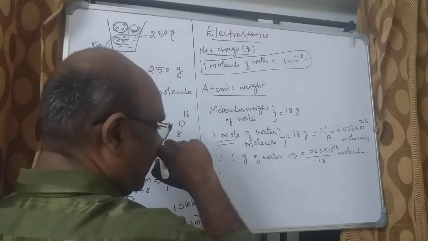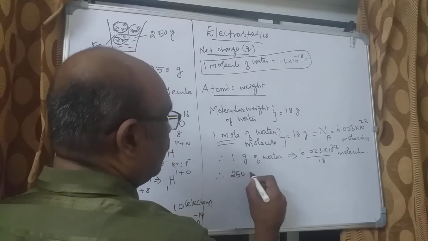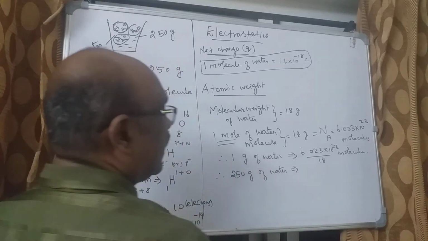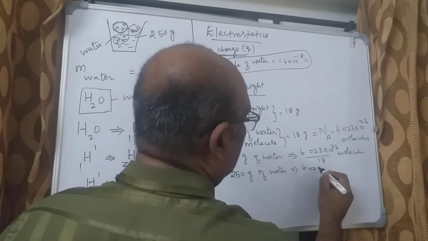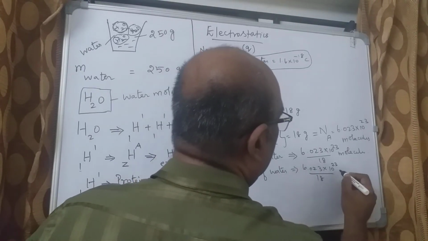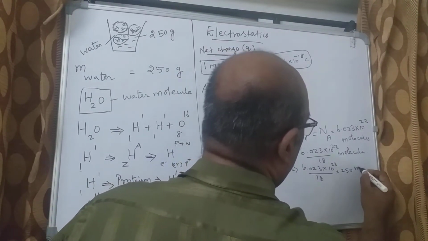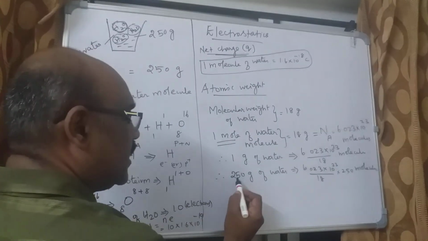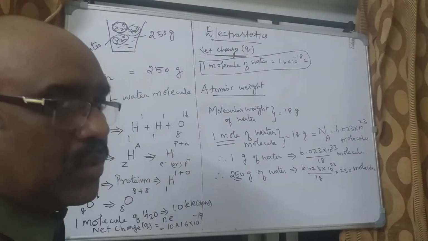Therefore, you can again find that 250 grams of water will contain 6.023 into 10 to the power 23 divided by 18 into 250 molecules. So, this many molecules are present in 250 gram of water.